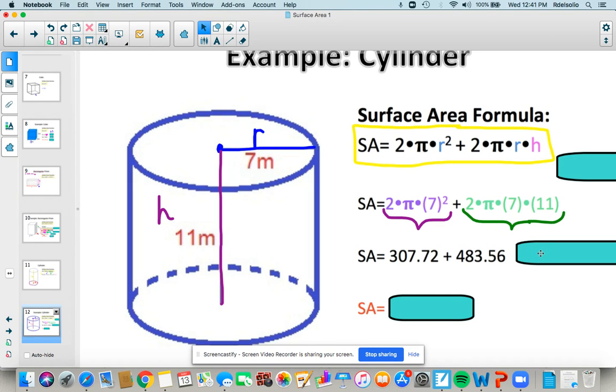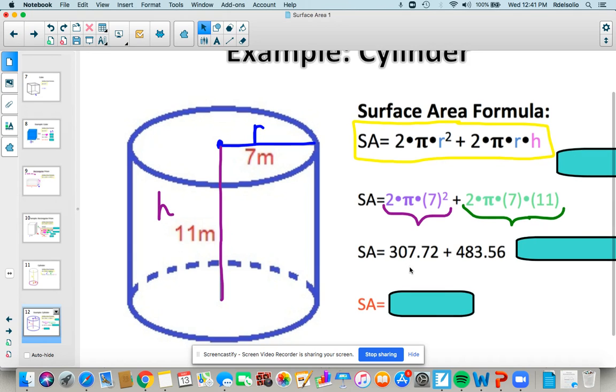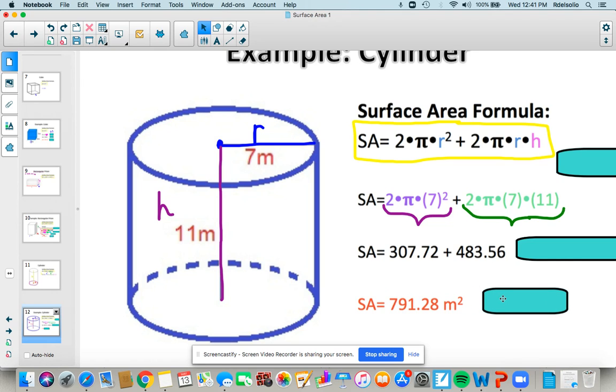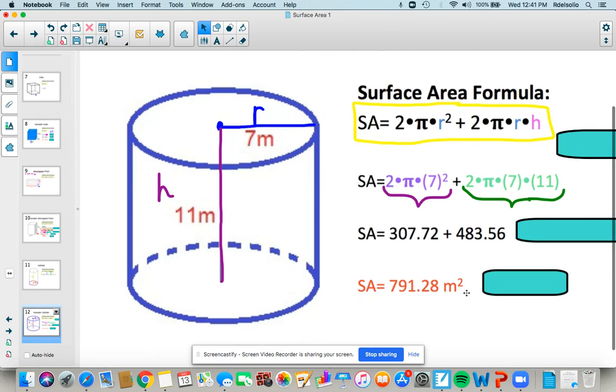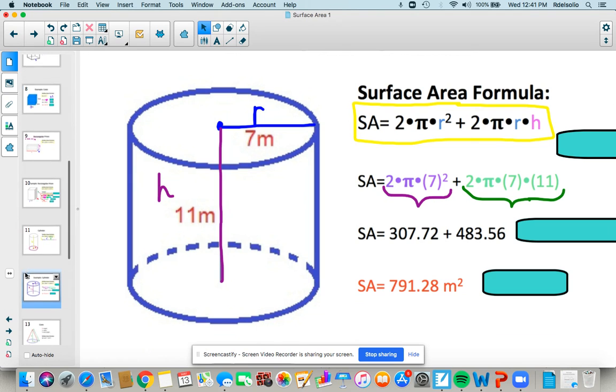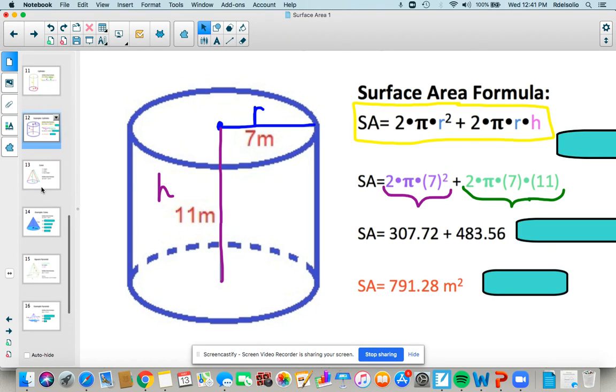And then the last step here is to just add 307.72 plus 483.56 and get 791.28 meters squared. And again, remember, we have to square the units because we're talking about area here. So that is how you find the surface area of a cylinder.